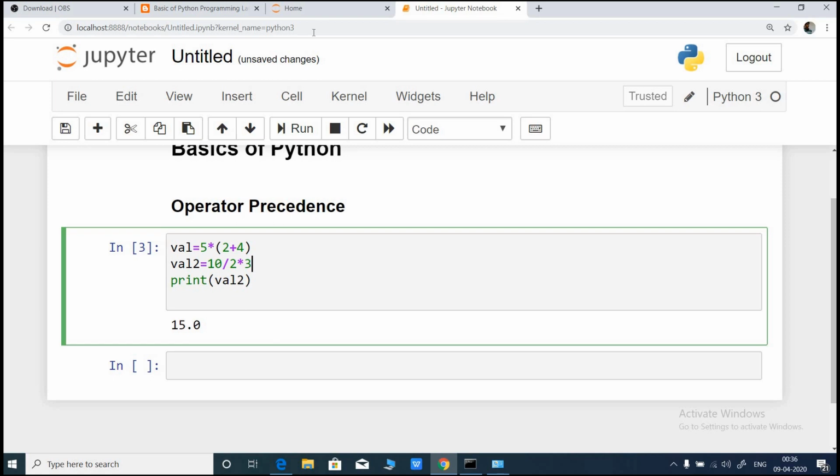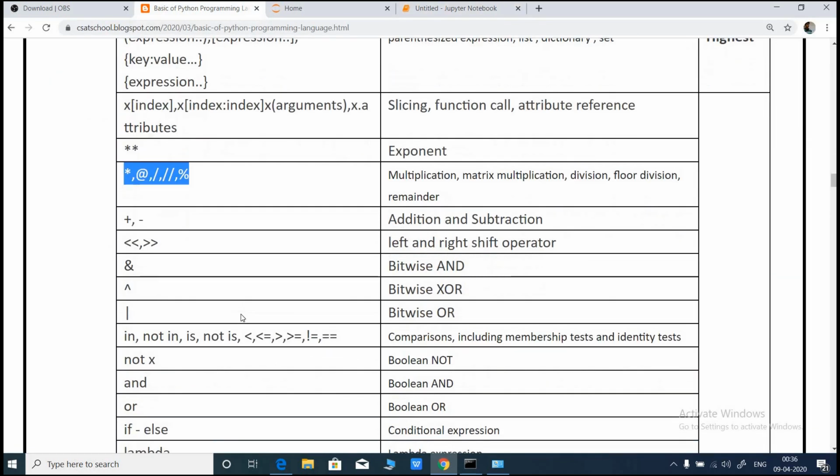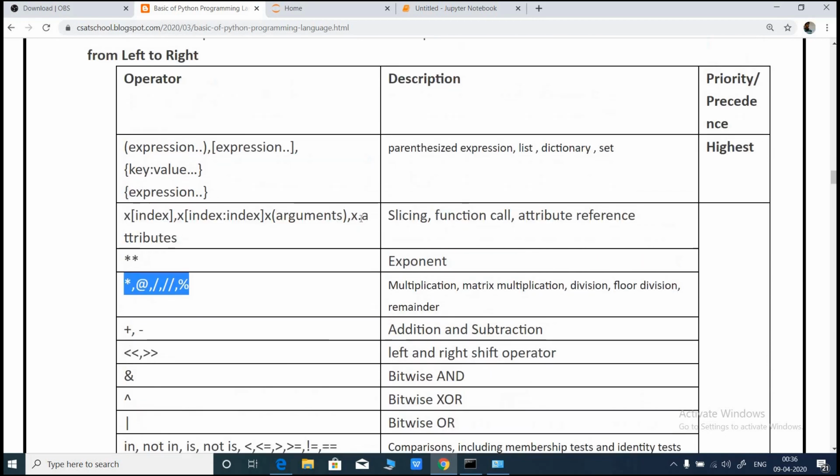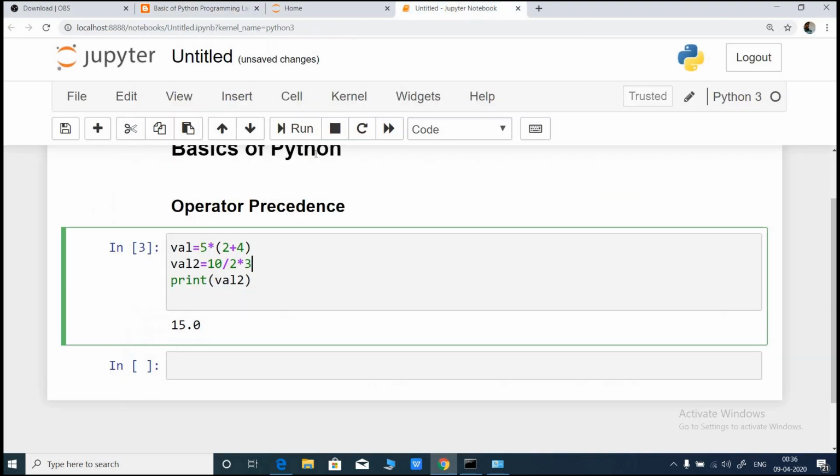So this is the basic idea of operator precedence. Operator precedence has to be followed to attain a proper result, and every language has its own operator precedence. In our blog post you can find the operator precedence of the Python programming language. You can also see the default execution order is from left to right. So this operation will be done first, and whatever answer is obtained, the next multiplication operator will be applied. That is its default behavior.